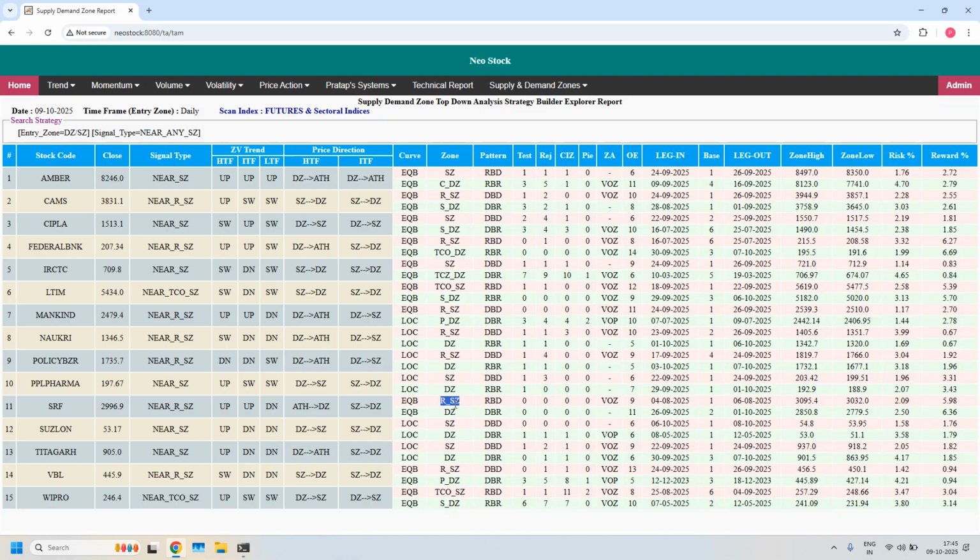SRF. VBL. So total 7 daily high liquidity supply zones identified from this list.